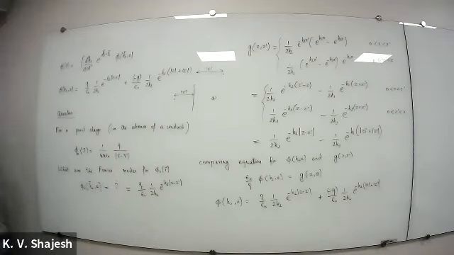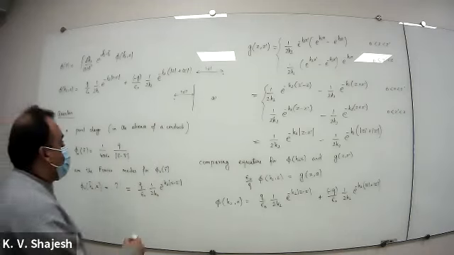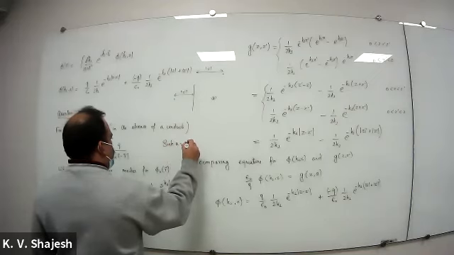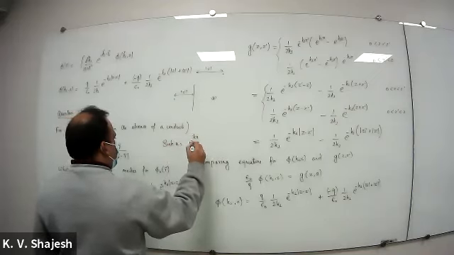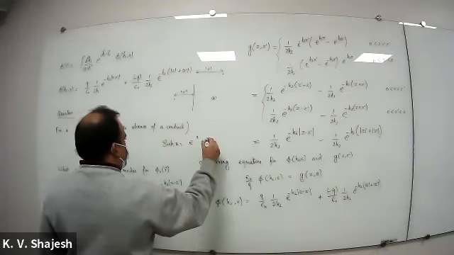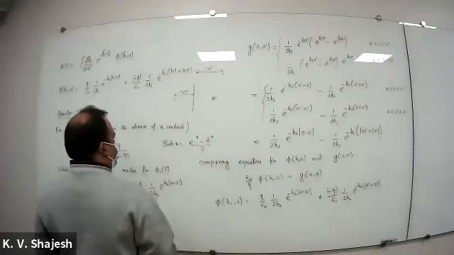Write this in hyperbolic functions. That's my suggestion. Remember your hyperbolic functions. Use hyperbolic function instead of exponential. So sine hyperbolic of x is e raised to x minus e raised to minus x over 2.